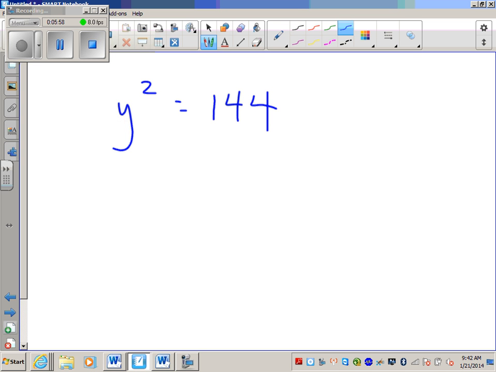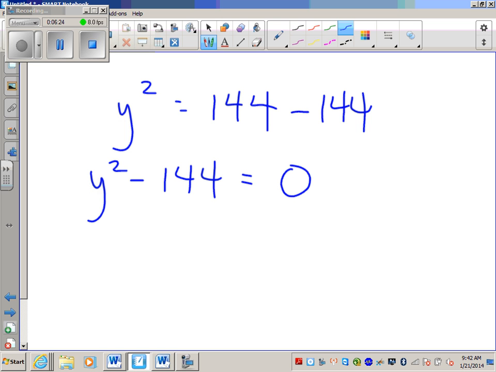What should I move? What kind of 144 is it, positive or negative? So the opposite, if I'm going to move it, I'm going to subtract it from both. If I want to get rid of it over here, Marlia, I want to subtract it. But if I subtract it from that side, I also have to subtract it from the other side. What's left over here is now 0, 144 minus 144.